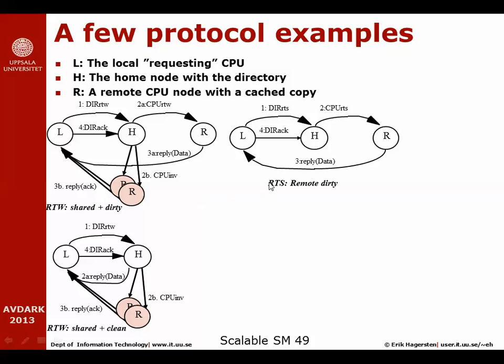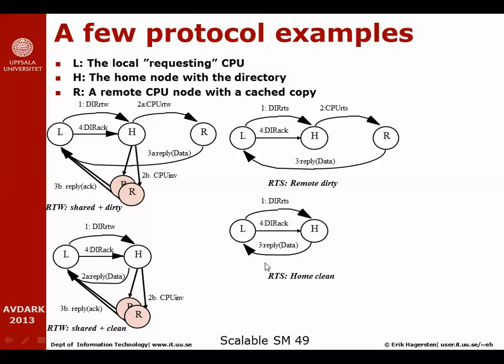Similarly, if you get read to share request and it's remote dirty, well, the local node is going to send a directory read to share. The home node is going to, after looking in its directory, figure out that it needs to send a CPU read to share request to the node where the dirty data resides, and then it will reply with the data back to the requester. Likewise, there are simpler cases here.